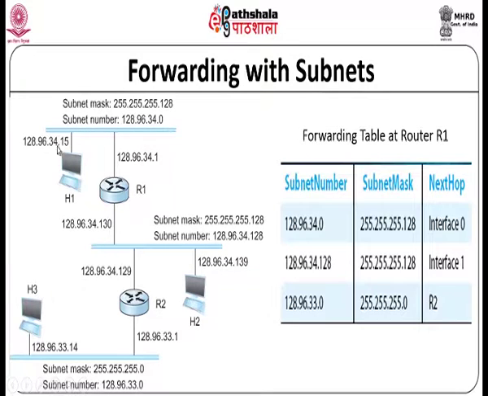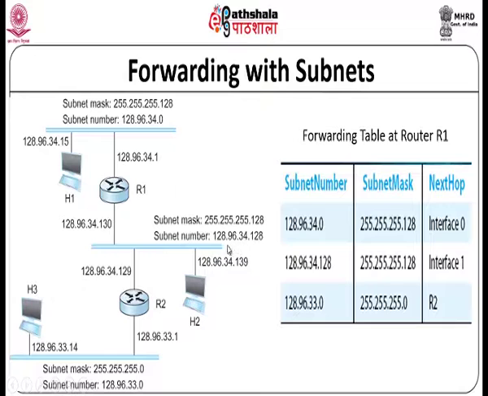So in this case, if I apply 255.255.255.128 as the mask, you will find that you get 128.96.34.0 as the number for this subnet. Similarly, if you look at this network over here, the subnet mask again is 255.255.255.128, and if you apply this mask on both these addresses, the subnet number you will get will be 128.96.34.128.